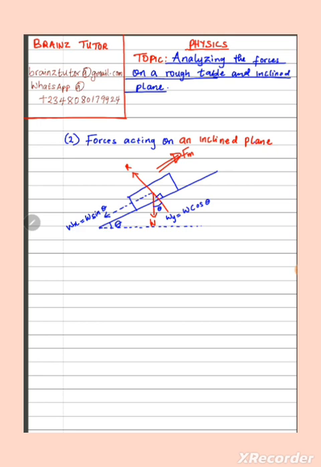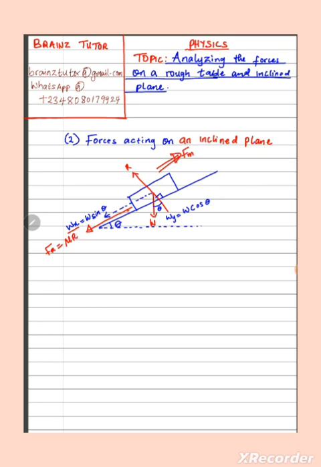If it's being moved up this inclined plane, it is going to be obstructed by the Wx, and since this is a rough inclined plane, it's going to be obstructed by another force. This force is called the frictional force, and the frictional force is equal to the coefficient of friction multiplied by the reaction.